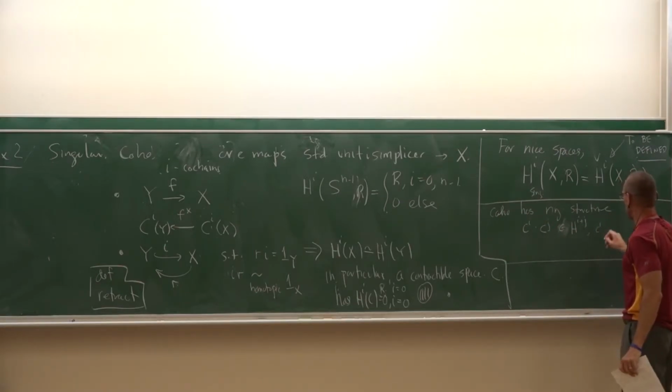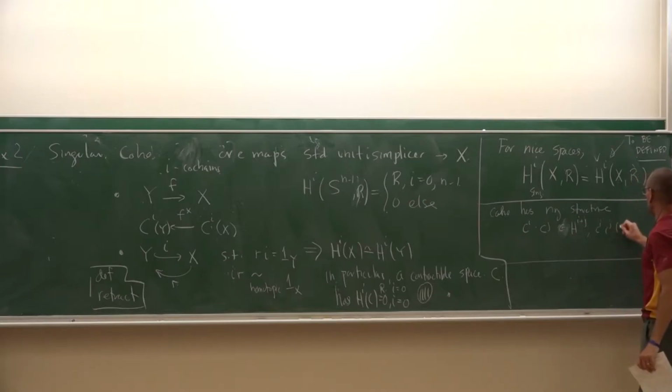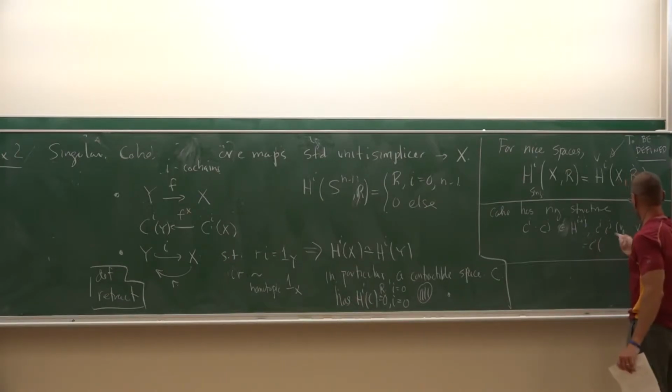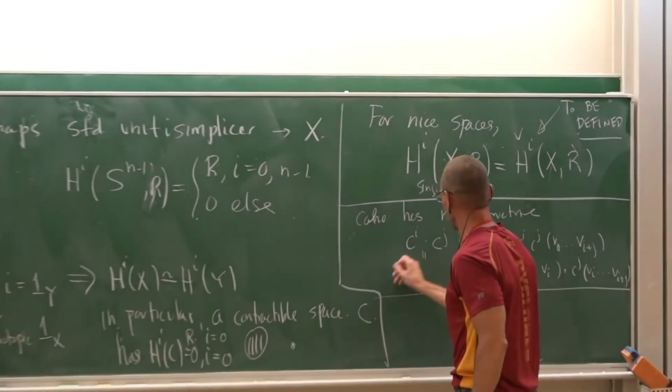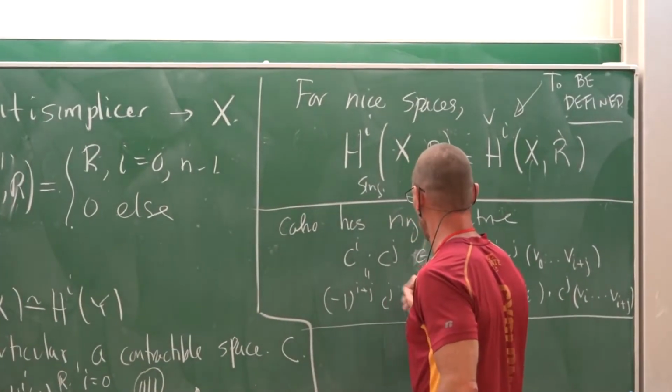Ci Cj eating v0 up through v_(i+j) is by definition Ci on the front face, v0 through vi, times Cj on the back face. This seems like a weird definition, but it works, and you can check that Ci Cj is (-1)^(ij) Cj Ci.